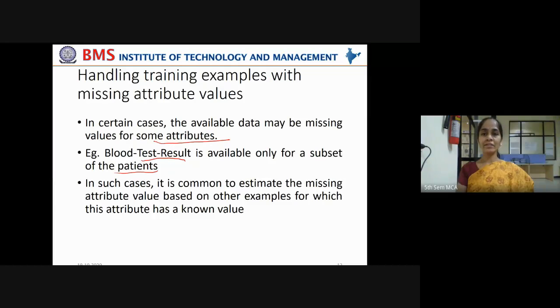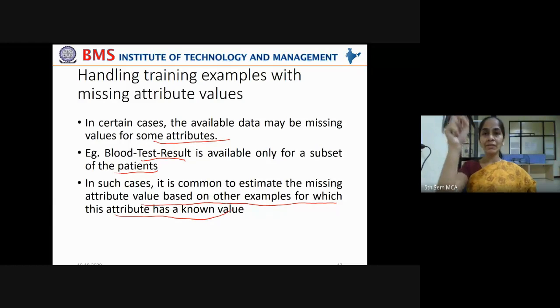In such cases, it is common to estimate the missing attribute value based on other examples for which this attribute has a known value. Normally what they do, they either take the mean of the before and after attribute values and put it in that particular attribute value, or they take the mode of the attribute values.